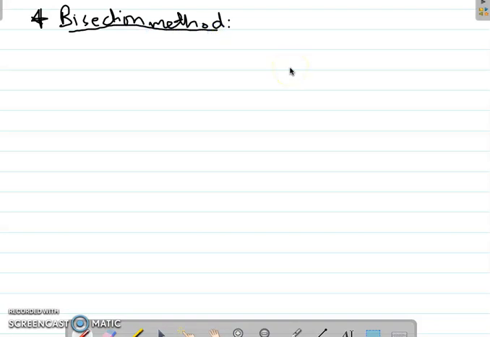In numerical analysis, the bisection method is one of the fundamental methods for finding the roots of an equation of the form f of x is equal to 0.